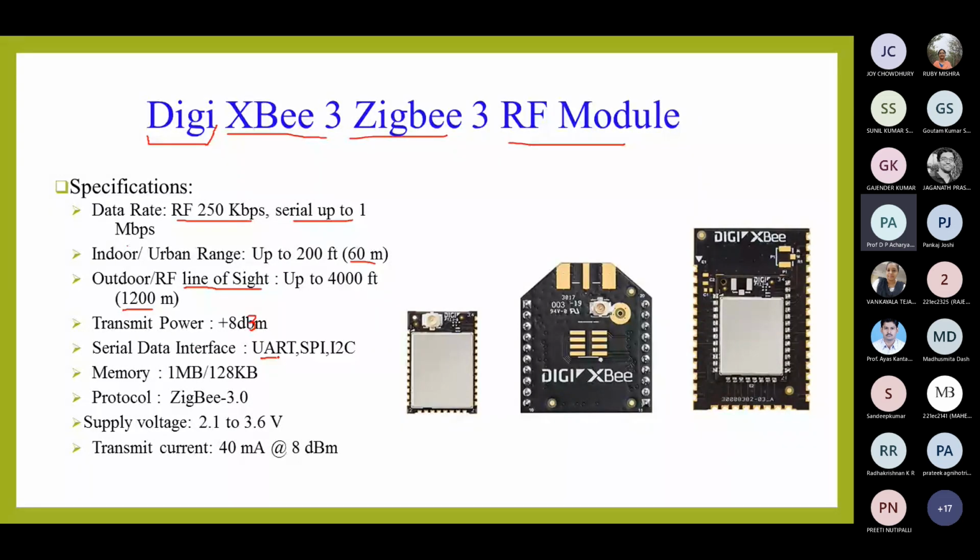The memory for this device is 1 MB or 128 KB. The protocol is Zigbee 3.0. Supply voltage is 2.1 to 3.6 volts. The transmit current is 40 milliamperes. You can choose your application to suit the environment by using Zigbee, and I have seen it work very successfully for industrial applications where you don't have a general cellular network, or you do not want your industrial data to be available publicly through a cellular network.